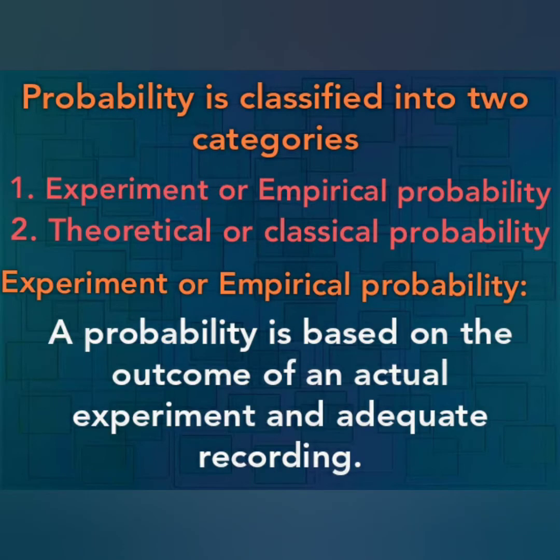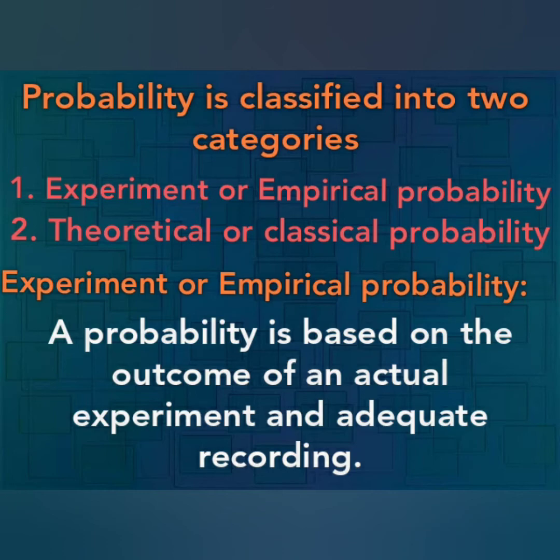Probability is classified into two categories. First one is experimental or empirical probability, and second one is theoretical or classical probability. First, experimental or empirical probability: a probability based on the outcome of an actual experiment and adequate recording.